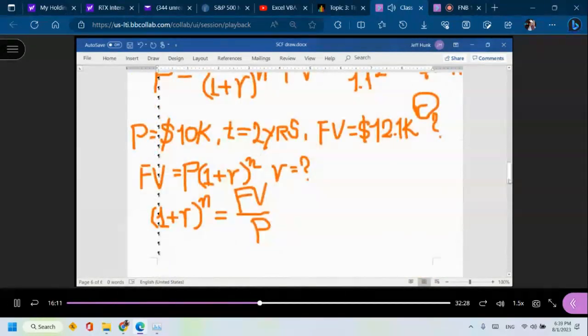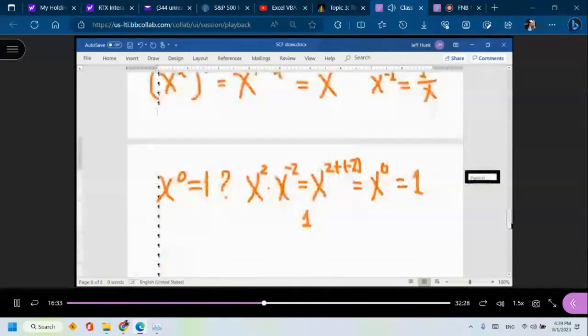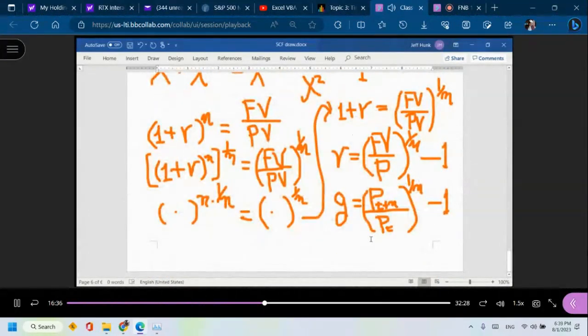First, future value, that's one variable. Then present value, that's another one. R is another one. N is the 4th one. When future value is the unknown, we find the future value this way. And when P is the unknown, we find the present value this way. When R is the unknown, we find R this way.